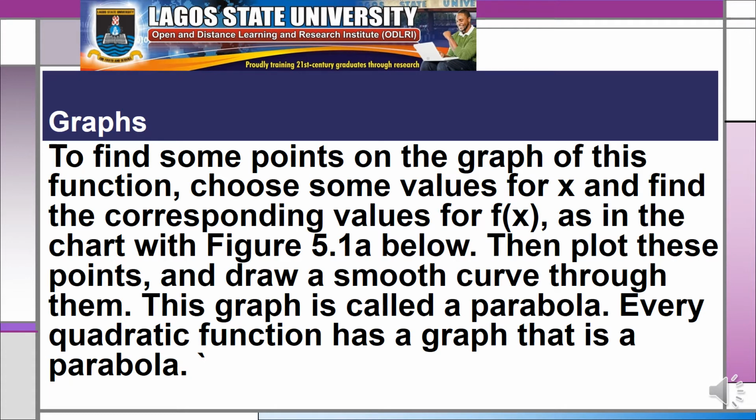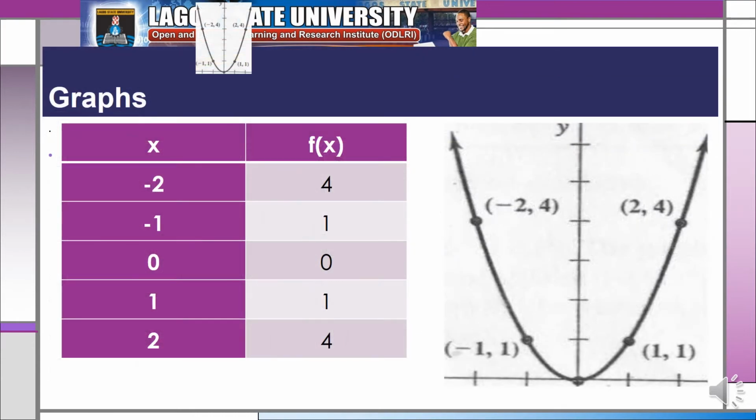Every quadratic function has a graph that is a parabola. The points are well displayed here. x has points -2, -1, 0, 1, 2, and the corresponding f of x values are 4, 1, 0, 1, and 4.